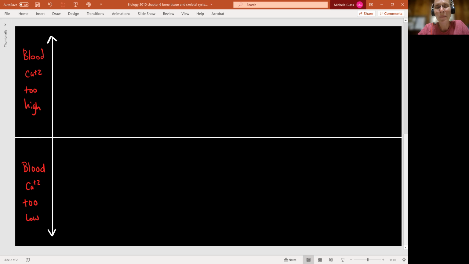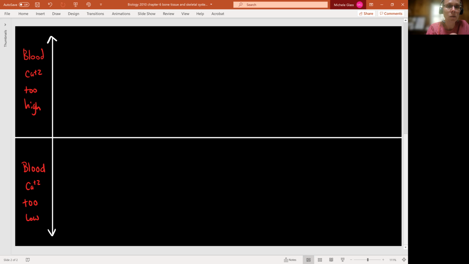So here I'm going to think about this as the top half of my figure eight. So my blood calcium levels are too high, and ultimately I need to bring them back down. And then I have on the bottom half of my screen, blood calcium levels that are too low. So in this case, my calcium levels have dropped and I need to bring them back up.